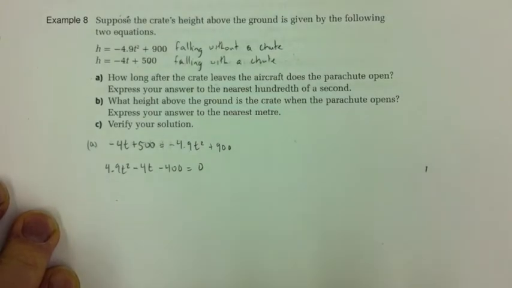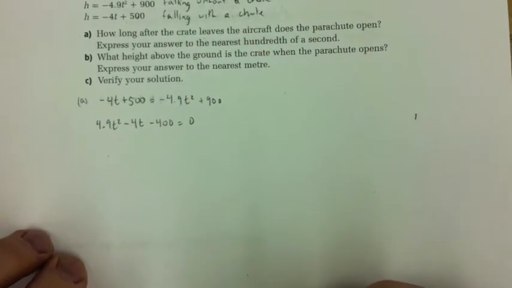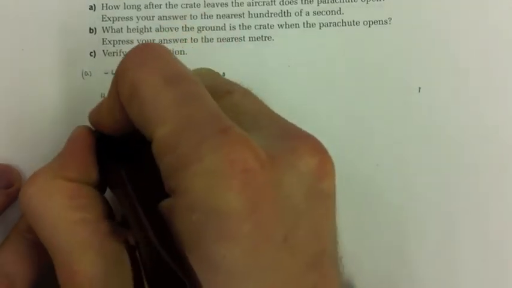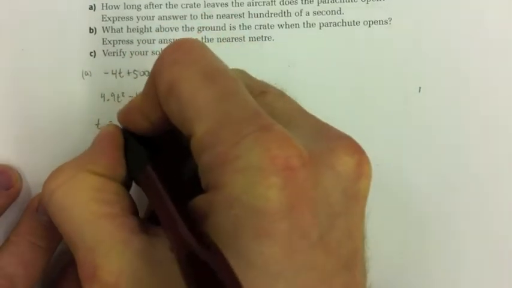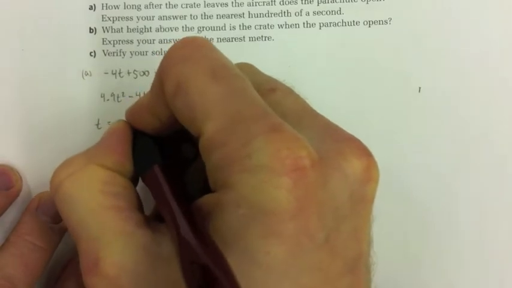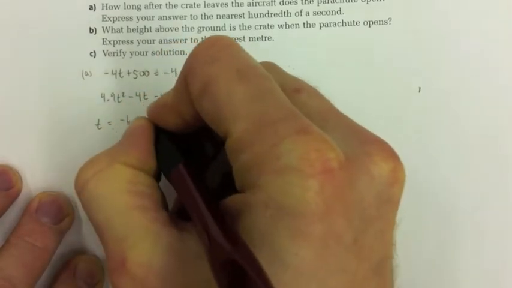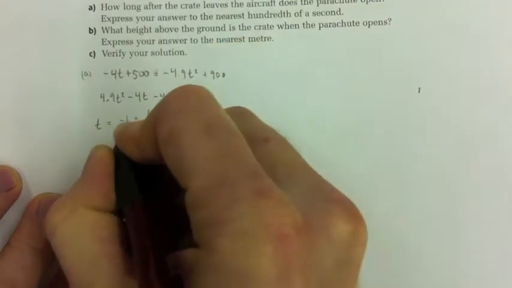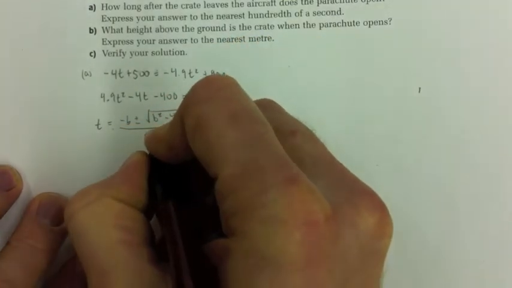The odds of us being able to factor this equation are pretty slim, so we're going to use the quadratic equation to solve it. The quadratic equation: t is equal to negative b plus or minus the square root of b squared minus 4ac, divided by 2a.